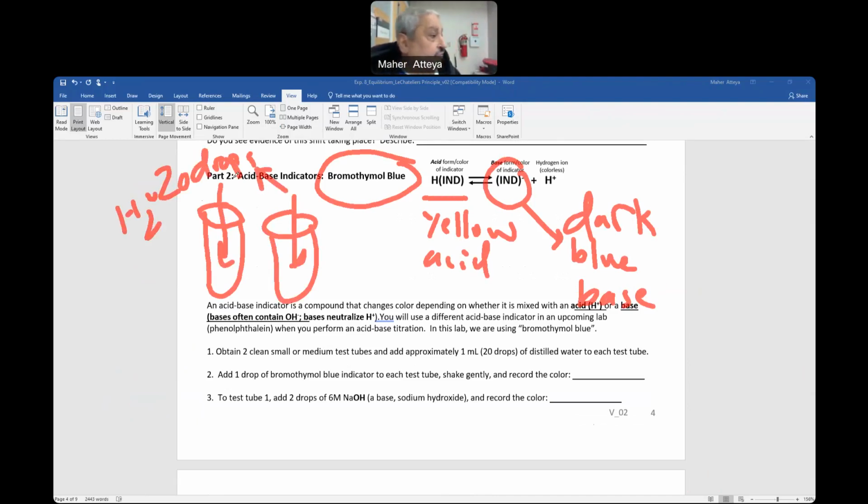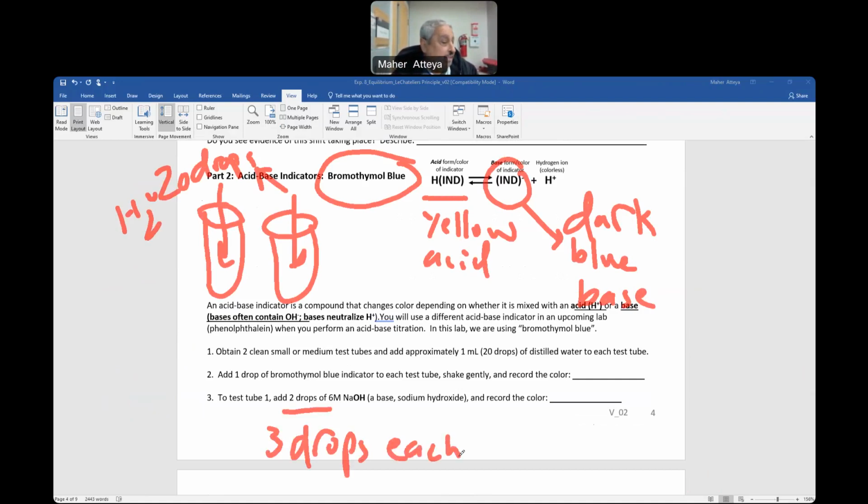And then you will add the indicator in each of those. Not 20 drops, I would say 1 to 2 drops. I would say add 3 drops here, so you can see the change. You will add 3 drops to each.